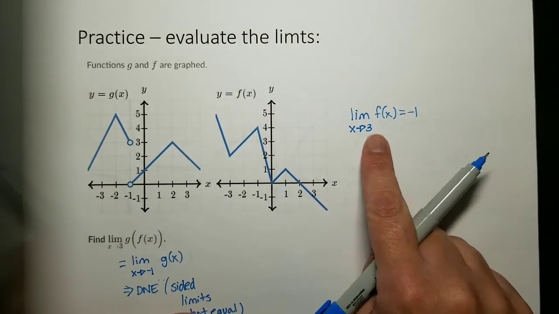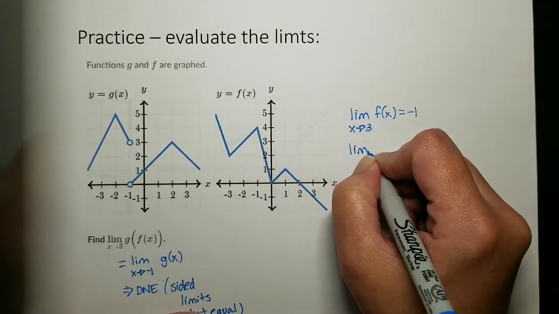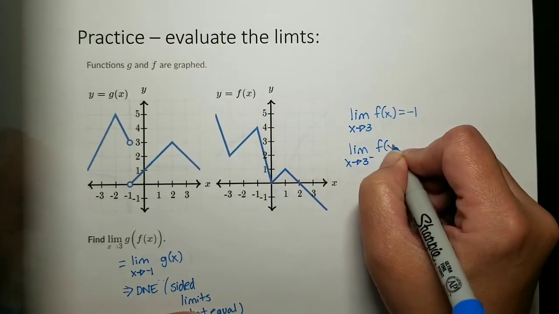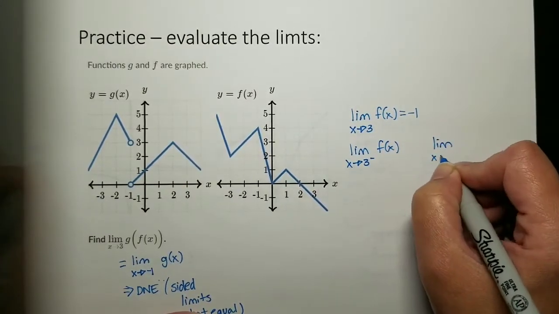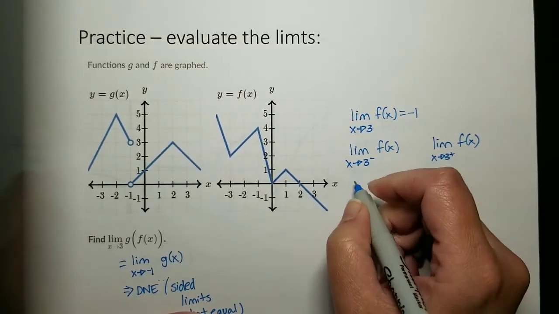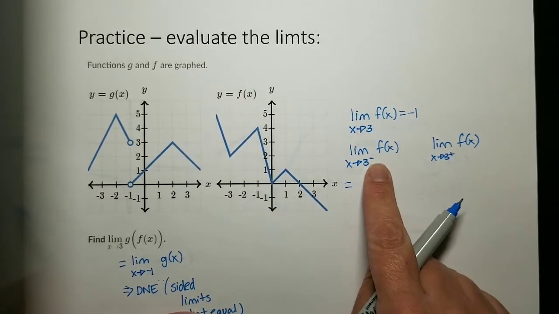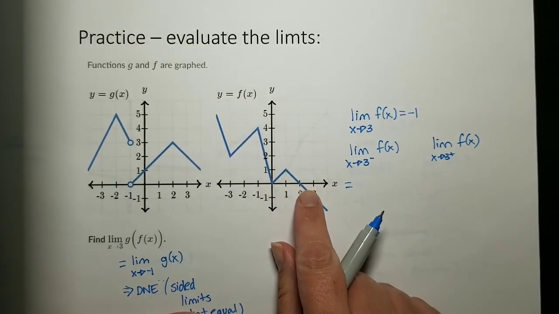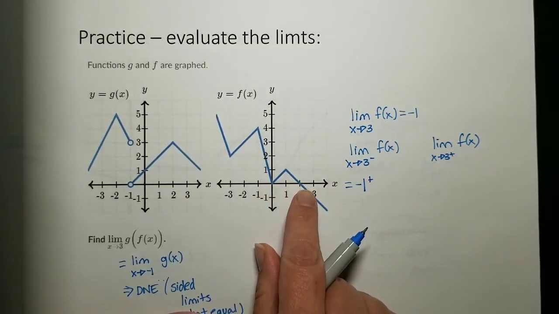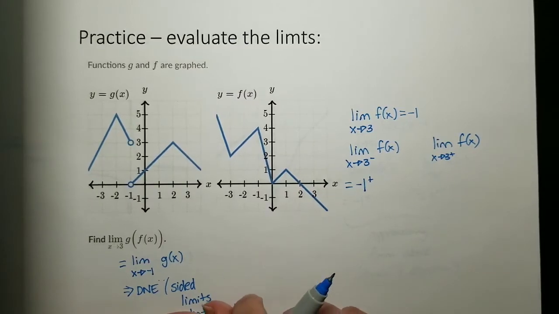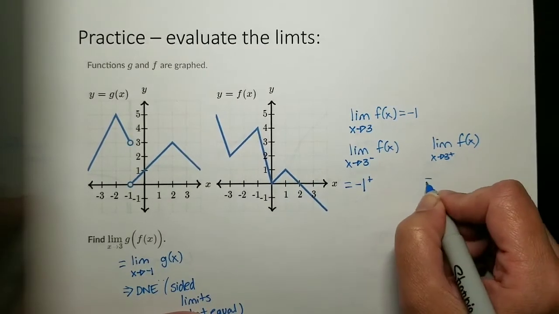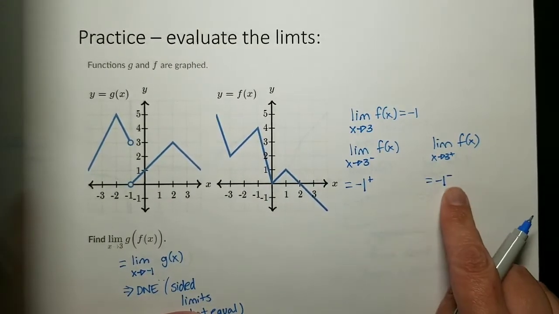So if we had talked about the limit as x approached 3 from the left of f at x, and the limit as x approached 3 from the right of f at x, here, approaching 3 from the left would have given us a value of -1 from above, right? It's coming down from the higher numbers towards the -1. If we were approaching 3 from the right, we would have gotten still -1, but it would have been approaching from below.